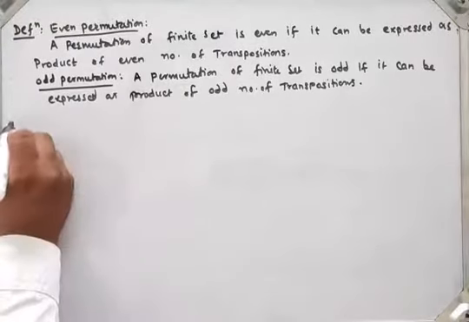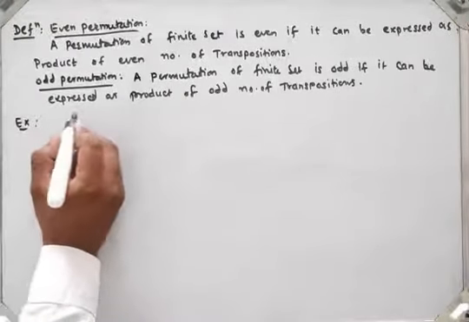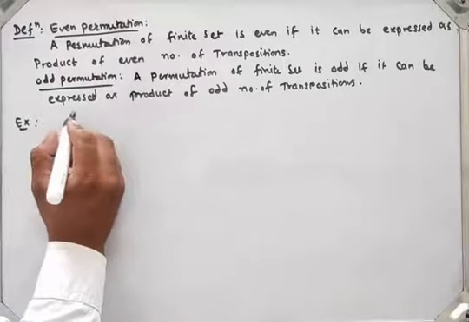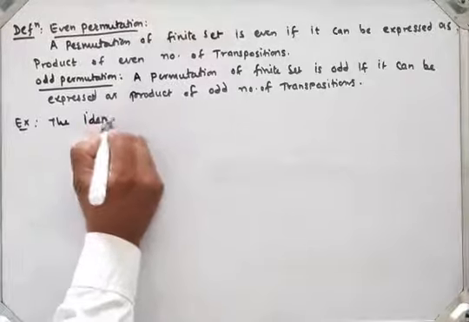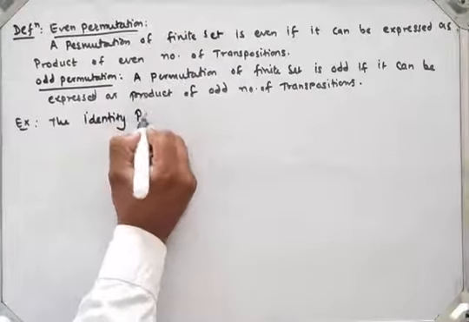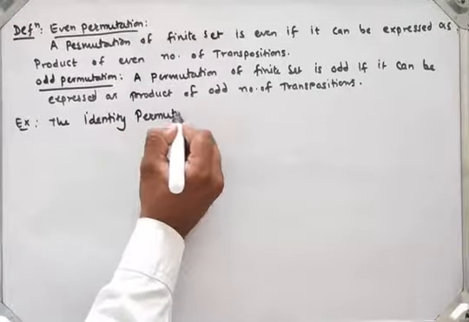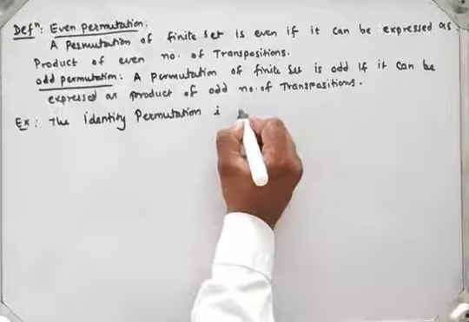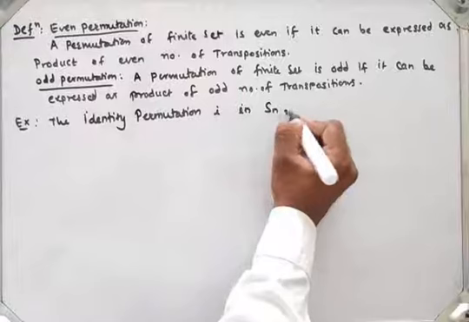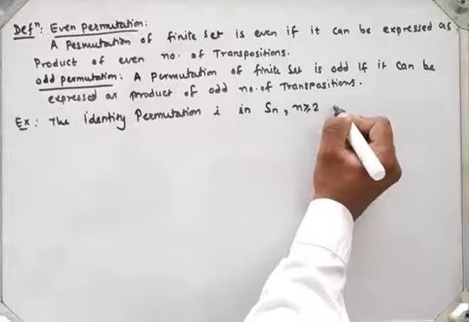For example, we have the identity permutation I in Sn for n greater than or equal to 2.